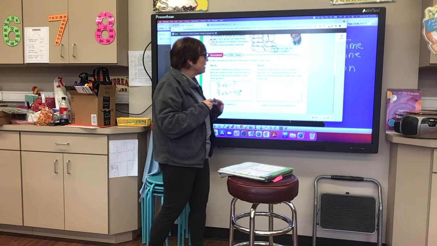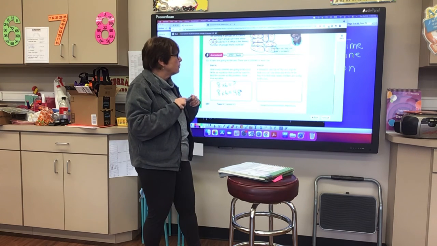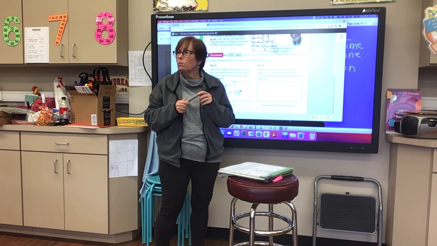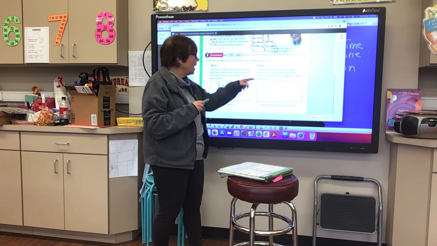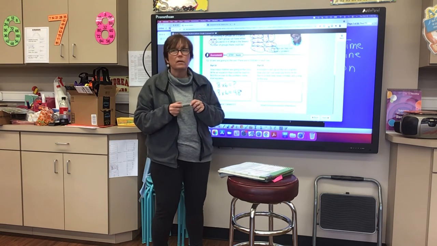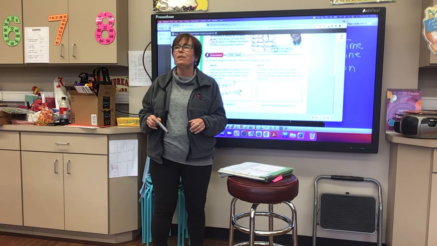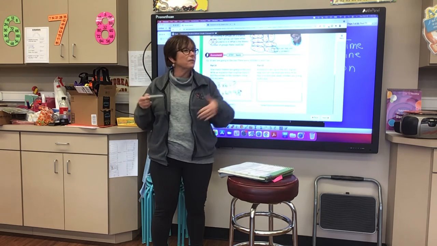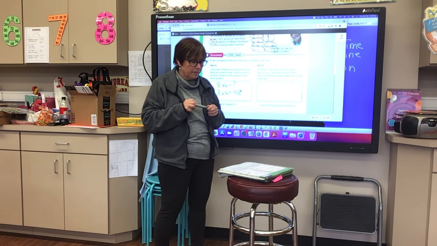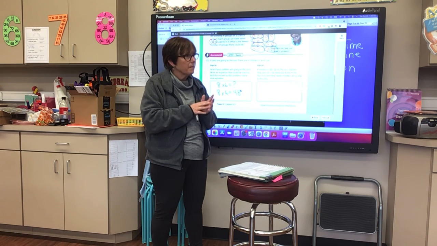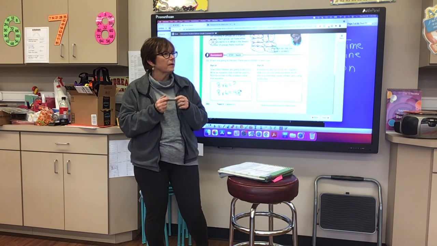Okay. If instead 9 bands go to the zoo, explain how you can use what you know from part A to find out how many children are going to the zoo. How could we use this to help us figure that out? Yes, Sophia. We can add 1 to 8, and then 9 times 6 equals whatever. Could we add 1 times 6 to this?